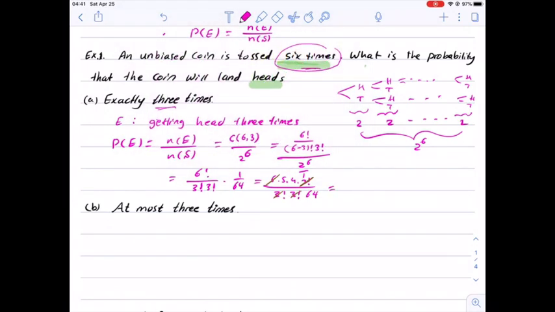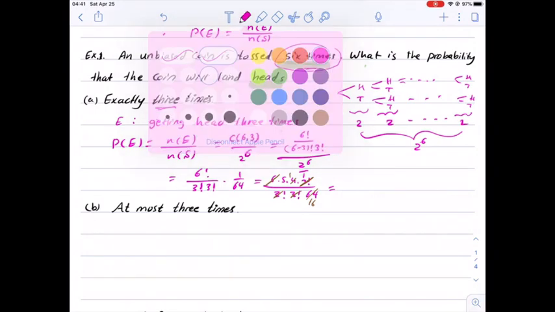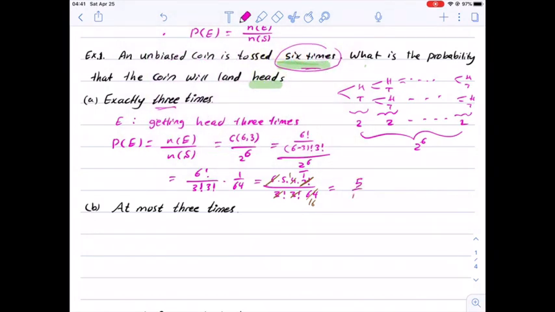So this gives 5 times 4 over 64, and 64 over 4 is 16. So we have 5 over 16, which is equal to 0.3125, or you can use the calculator to find this.